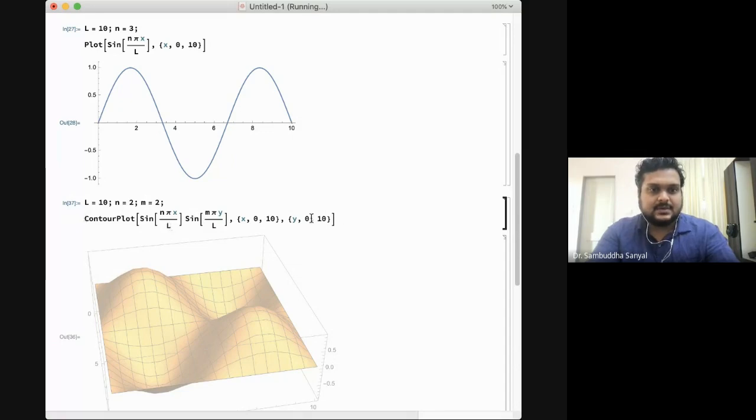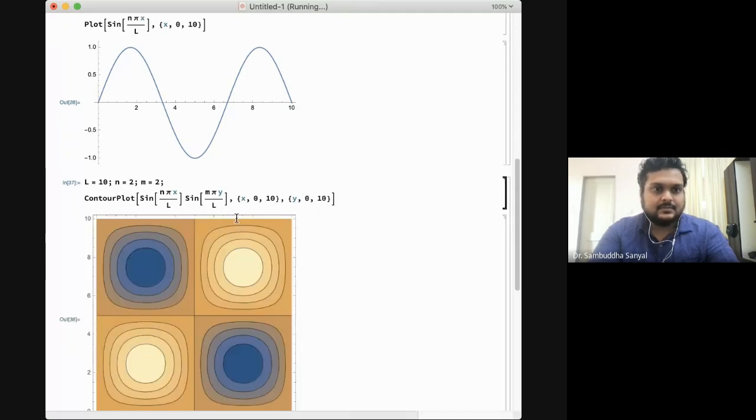This is how it will look. If it is a peak, it is a bright yellow color, and if it is a crest, it's a bright blue color. Did everybody follow that? What is a contour plot?